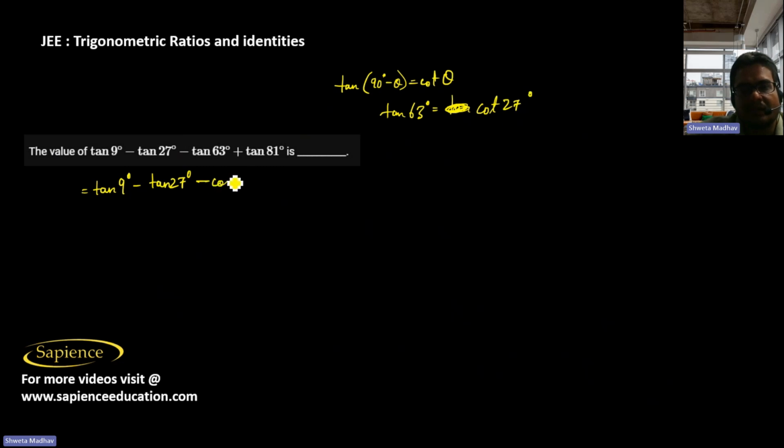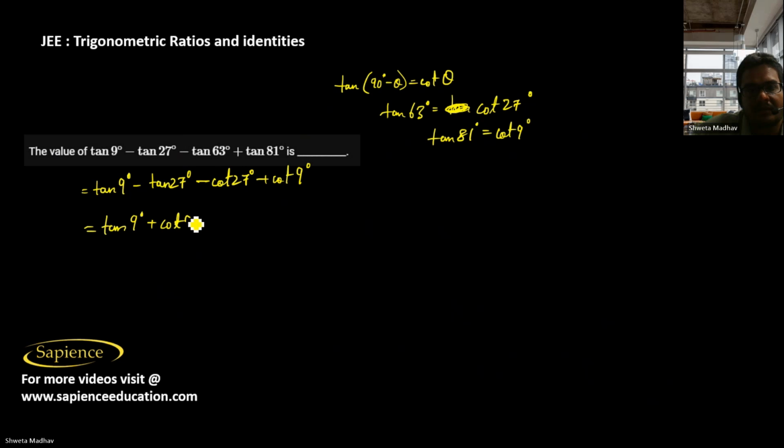So this is minus cot 27 degree, and similarly tan 81 degree can be written as cot 9 degree. So this is plus cot 9 degree. So this can be written as tan 9 degree plus cot 9 degree minus tan 27 degree minus cot 27 degree.